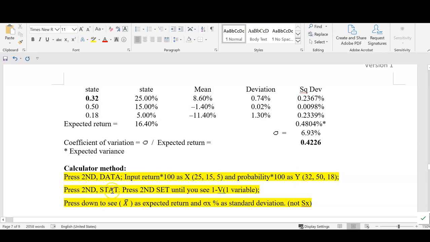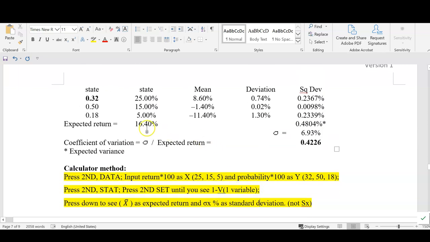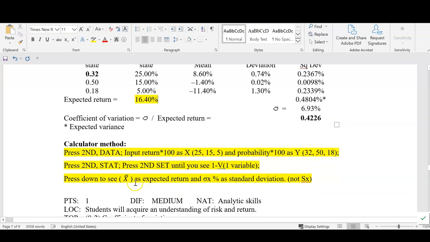Then we go to second stats function, and press second set until we see 1V, one variable. Press the down button, and we can see x bar, that's expected return, and sigma, that's standard deviation. We should see an expected return of 16.4. In the calculator we would see 16.4, but we need to add the percentage sign back.